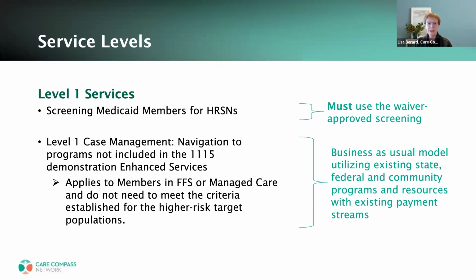Level one includes case management, which is navigation basically to our existing programs and services in the community. It includes members that are in fee-for-service or managed care, but not necessarily those that meet the criteria for the higher risk target populations. For those individuals, it's basically business as usual, referring to all of our existing services that do have existing payment streams in the present.